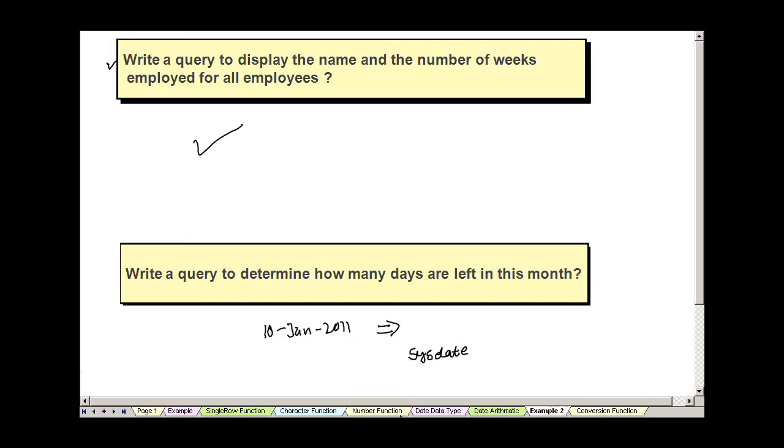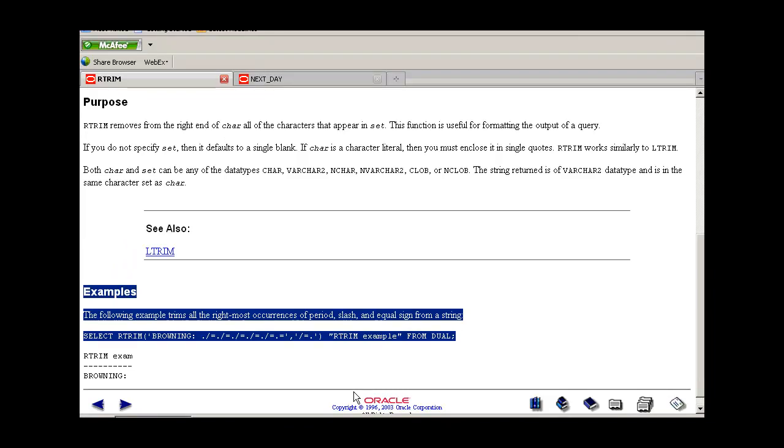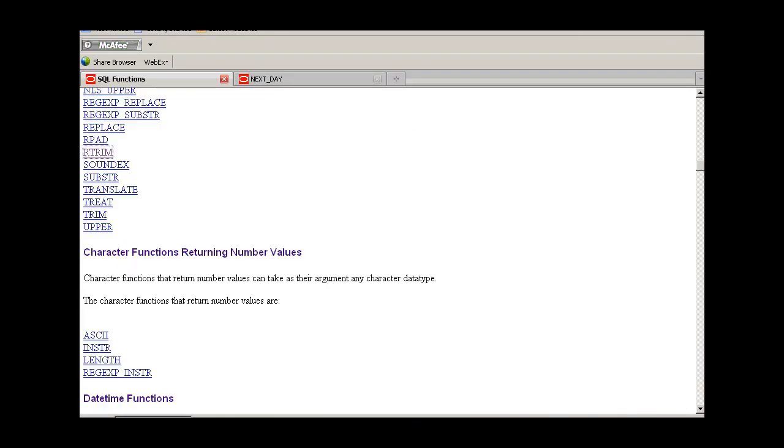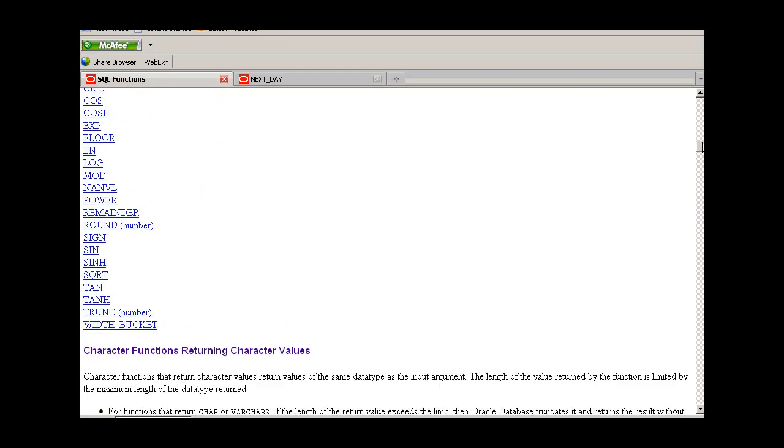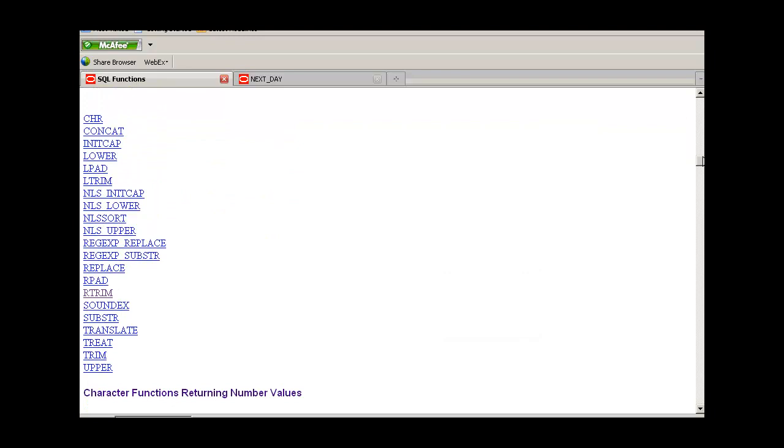All right. So I should go to the Oracle SQL documentation and try to find out from this reference guide, is there any function which is going to give me the last day of this month?